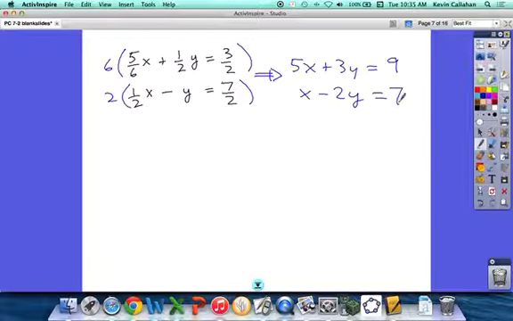So take a step, get rid of the fractions, and then do what we did on the other side. Probably a lot easier than trying to deal with the fractions.